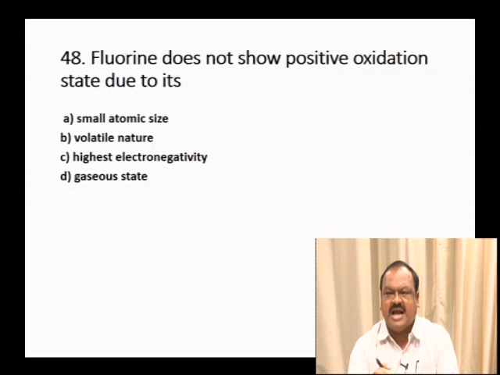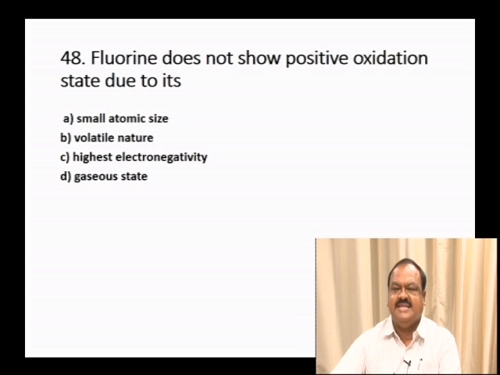It always accepts electrons. Even though the other options look correct, the appropriate answer is the highest electronegativity of fluorine. It does not allow it to exhibit a positive oxidation state. So the answer is C.